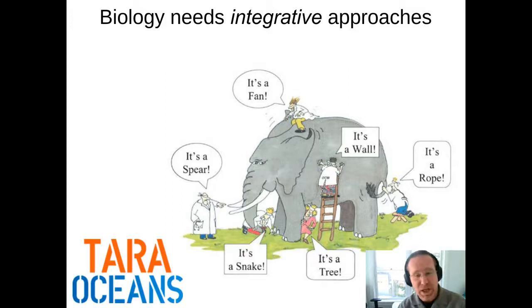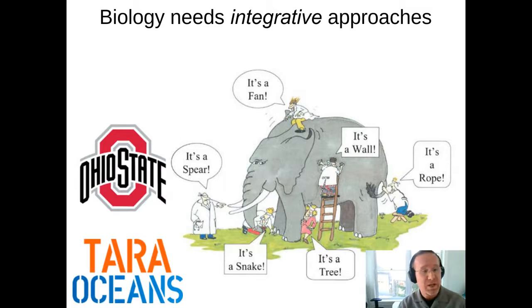Here, for example, if we were just focused on the leg of this elephant, we might say it's a tree. Or if we were just focused on the tail of the elephant, we might say it's a rope. But obviously, where we're all sitting, where we can see the whole elephant, we realize it's an elephant. And I'll just emphasize that Tara Oceans is really pioneering and leading many of these integrative approaches.